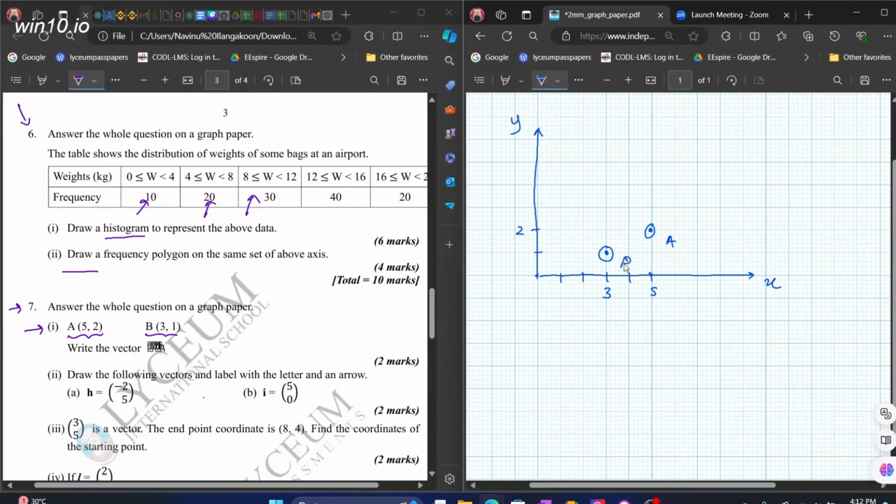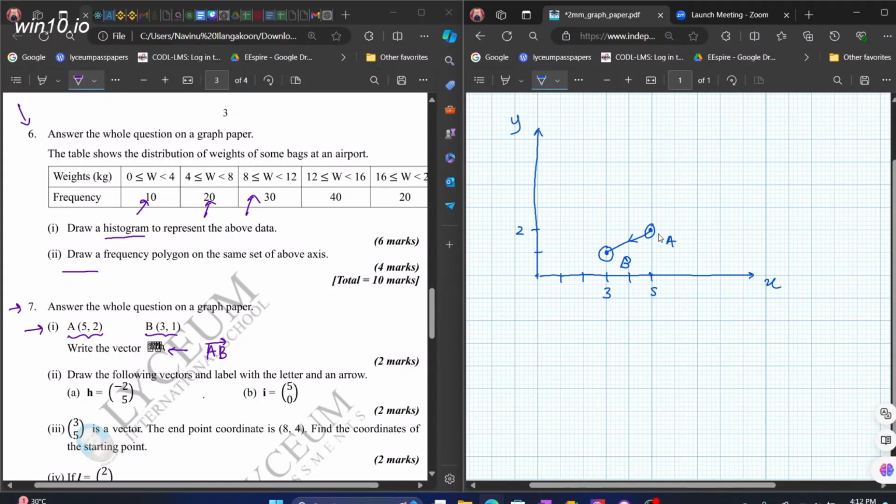Then we want the vector. I think there's a printing mistake here, so I'll take it as AB. We have to write the vector AB. So when we write a vector, if we write the vector AB, it is in the direction of this.